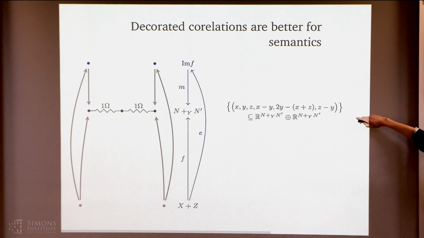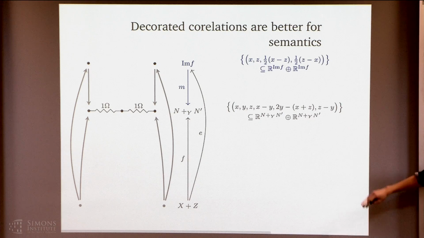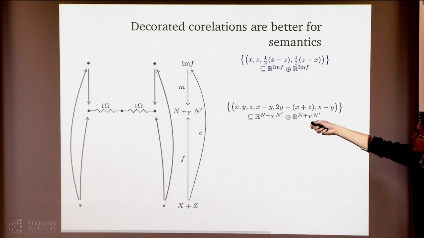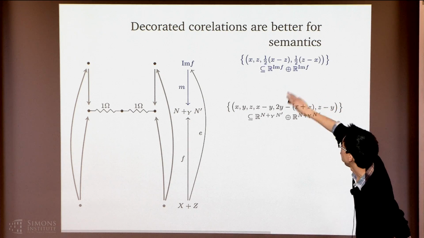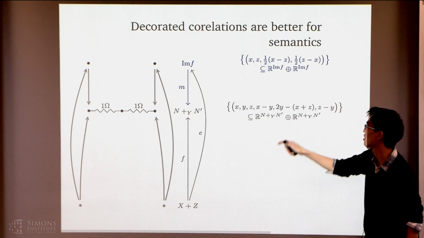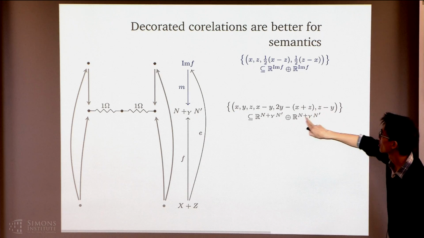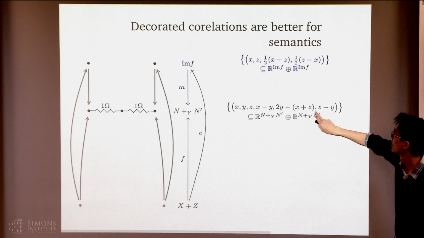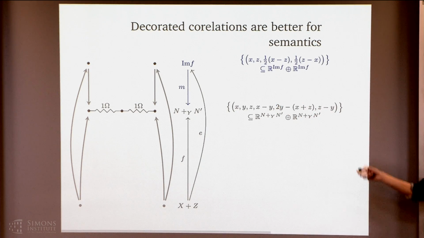And then we have a coherent way of transferring our decoration up onto this new apex, where we've said that, well, the potential here can be anything we like, so we'll just forget that y. But we don't want current leaking out in the center of our black box. So we're going to force this to be 0, so then 2y equals x plus z. And if we do some algebra, we get this subspace up here as our new decoration.